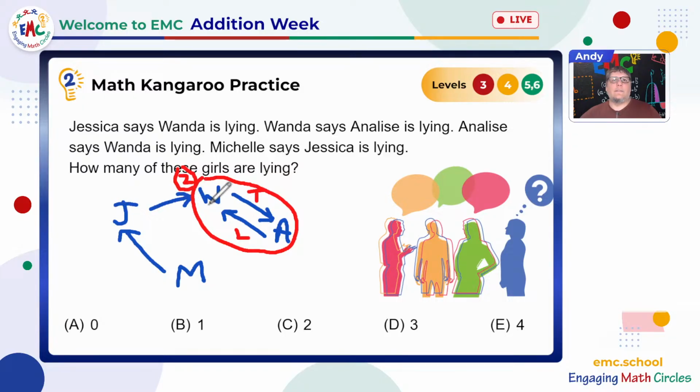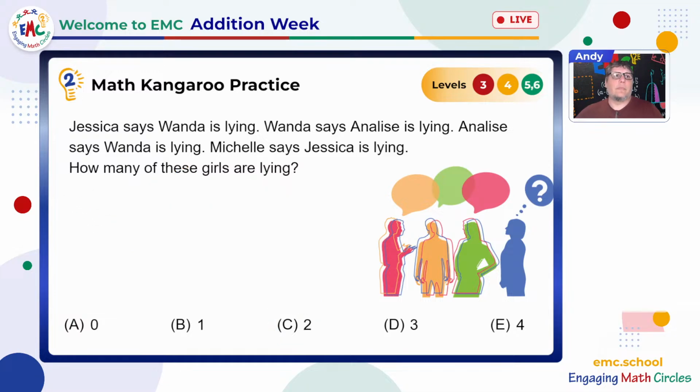And if Wanda was telling the truth, then Jessica was lying about it. And therefore, Michelle is telling the truth that Jessica was lying. And so we have two lies yet again. So our answer is C. Great job.